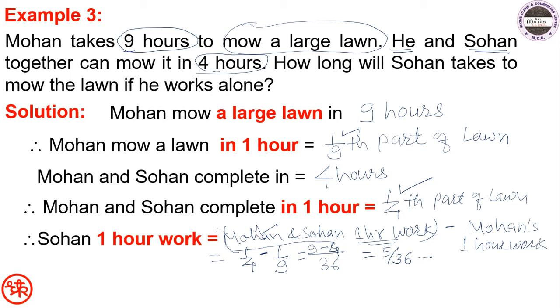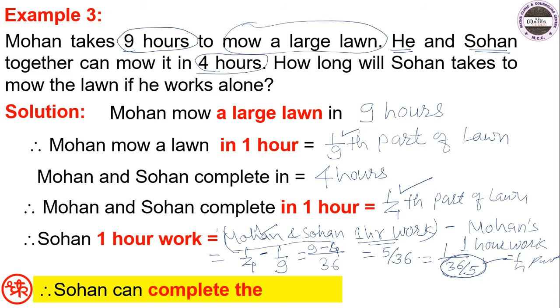Okay, and this 5 by 36 can be written as 1 upon 36 by 5. Is that clear? So 1 upon n, this is n, and therefore Sohan's 1 hour work is 1 by n part. Okay, and therefore he will complete the whole lawn in 36 by 5 hours.